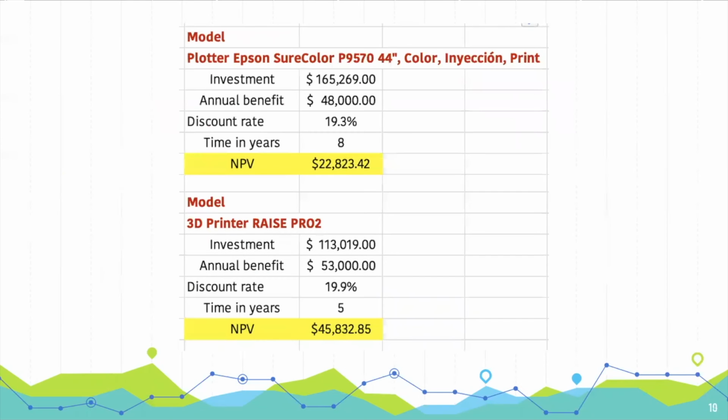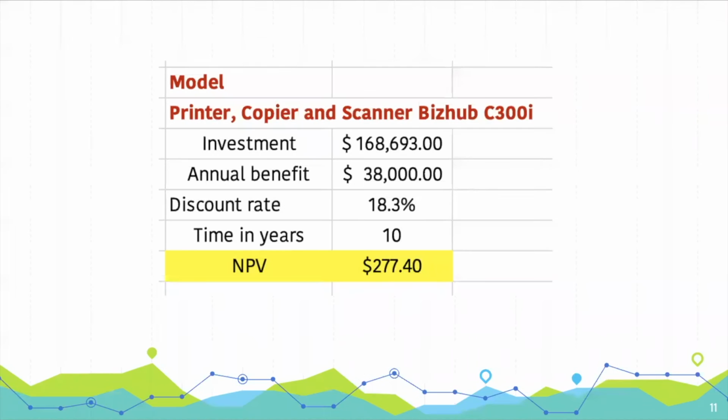So now about the net present value, we obtained the following results. For the first printer, we found that the NPV was 21,823.42, and for the 3D printer Raise Pro 2 was 45,832.85, and for the last printer, the NPV was only 277.40.